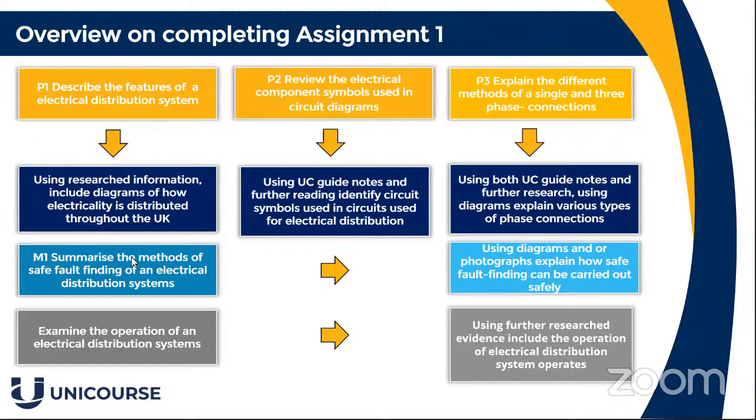And the first of the higher questions in the merit, you'll summarize methods of safe fault finding, and we include using photographs and diagrams, and explain how you would fault find within the electrical distribution industry. And then finally, just look at the electrical distribution again, which will include further reading, and make some more observations and comments to complete that assignment if you're going for the higher grade.